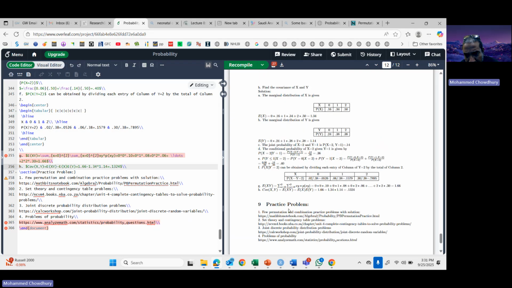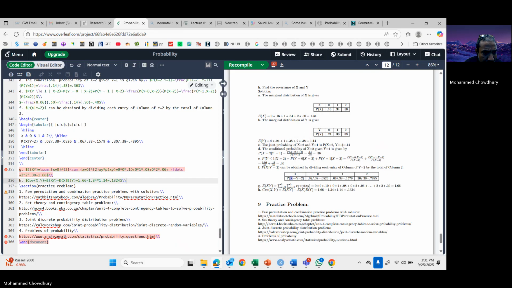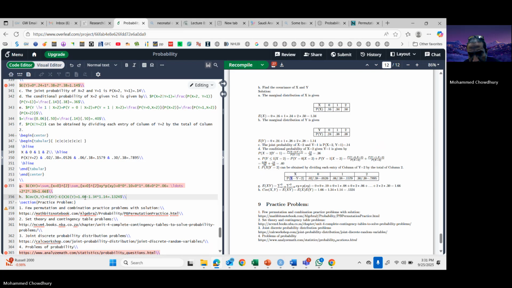I actually generated it from there, so that is why this thing showed up in there. Let me see whether it will work or not.